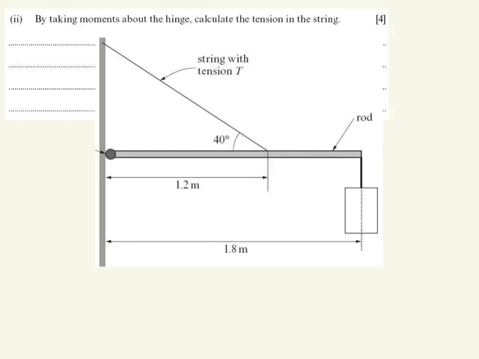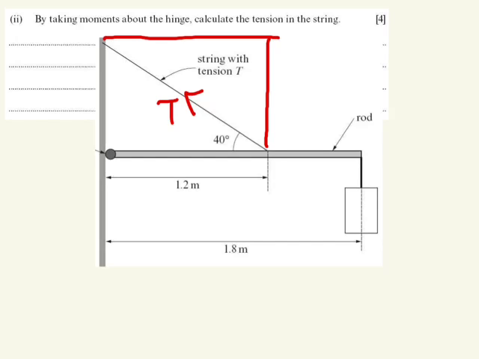The next part says, by taking moments about the hinge, calculate the tension in the string. So we've got the tension T in the string there. Perhaps the most straightforward way to see this is that we could draw a right-angled triangle like that and resolve the tension horizontally and vertically. Now we know that moments always have to be taken using the forces acting perpendicular to the pivot.